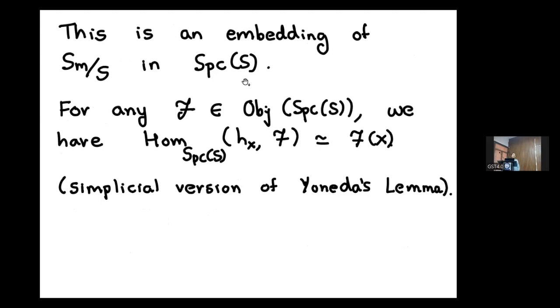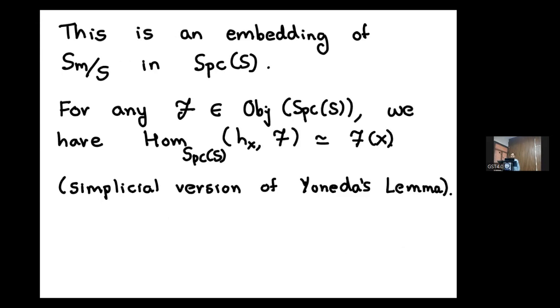The fact that it is an embedding comes from the statement that if F is some space, which means it's a sheaf, basically a functor, then the natural transformations from Hx to F are just given by F of X.